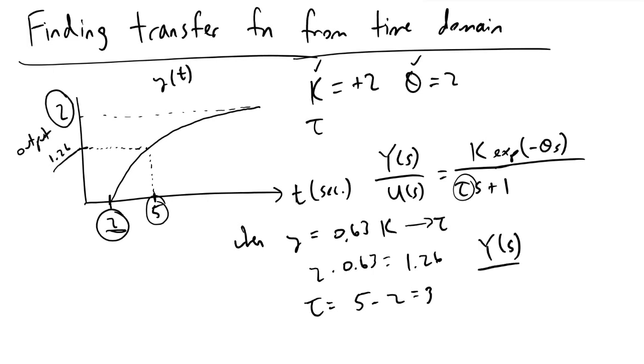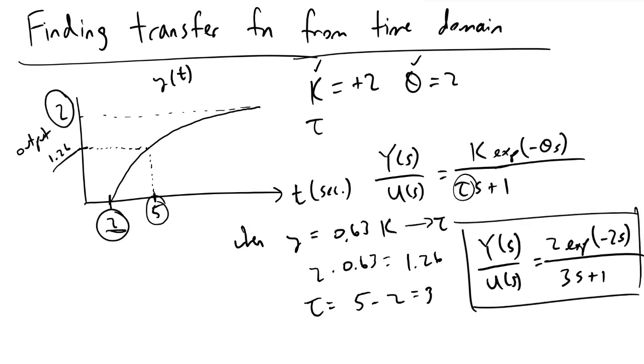Y of s over u of s is equal to k, which is 2, times the exponent of minus 2 times s, because we have a time delay, over our tau parameter, which was equal to 3 times s plus 1. And so this is our transfer function that we've just arrived at.